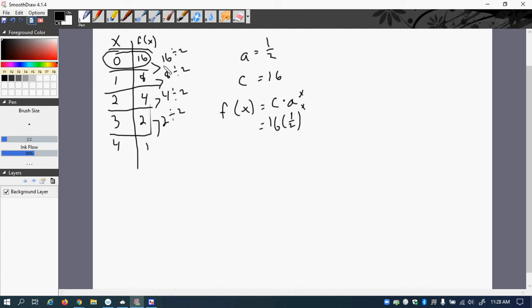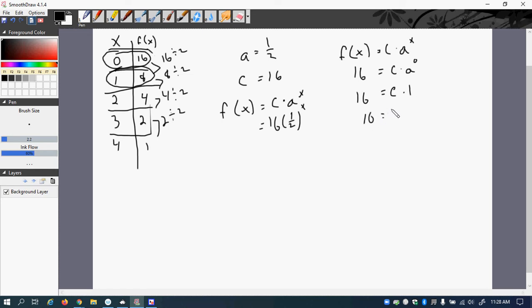Now, you can do another step. You don't necessarily have to evaluate this way. You could just pick 2 points to calculate your equation. So if I have f of x equal to c times a to the x, I'm going to pick my first point. I'm going to put 16 here and a to the 0. I know anything to the 0 is 1, so c times 1.